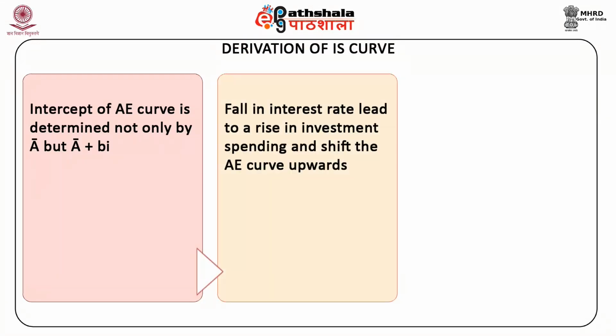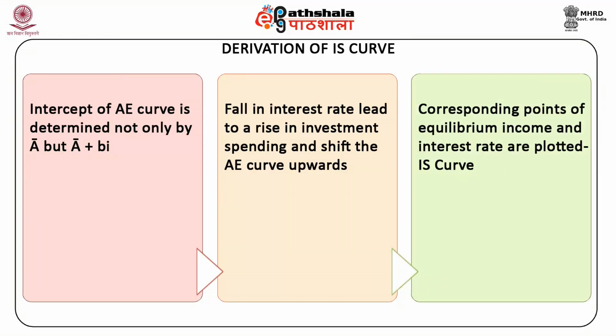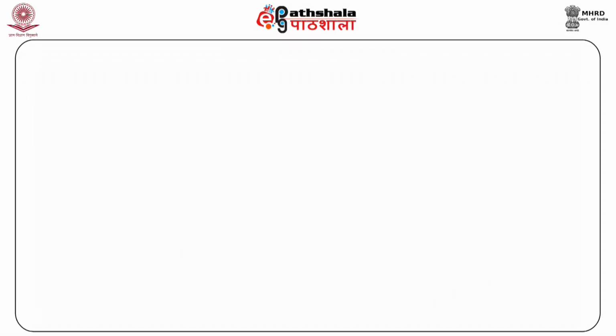If there is a fall in interest rate, that will lead to a rise in investment spending and shift the AE curve upwards, which will in turn raise the level of equilibrium output and income. When the corresponding points of equilibrium income and interest rate are plotted in the interest-income plane, we get the IS curve. Let us now derive the IS curve graphically.